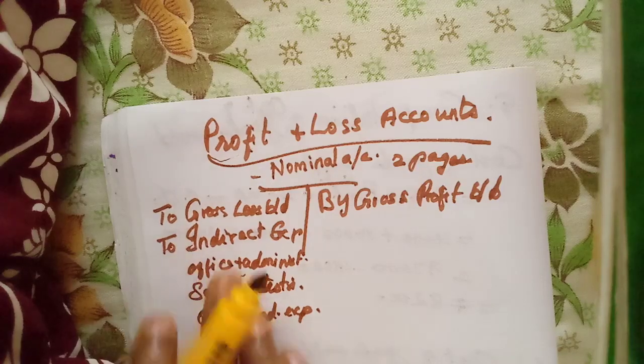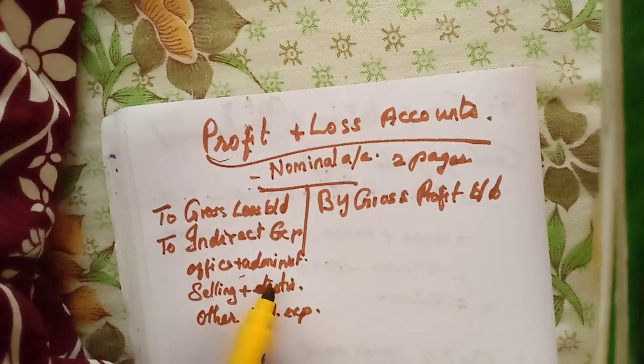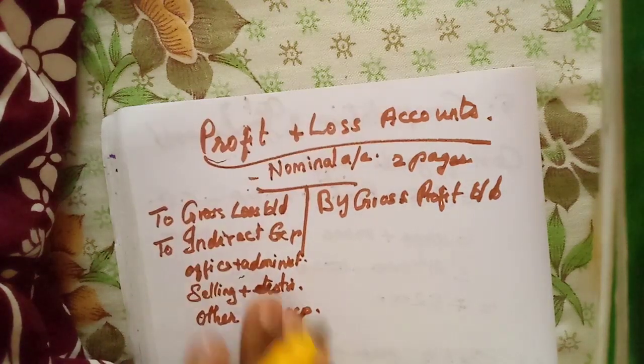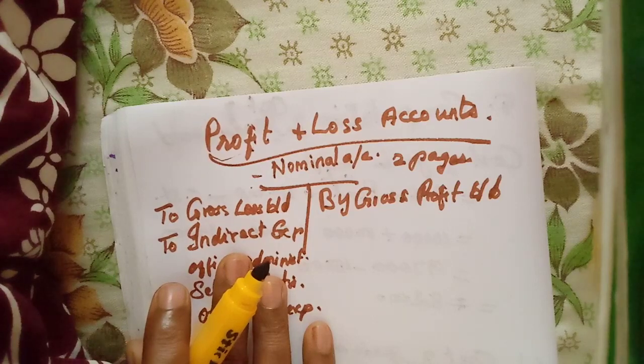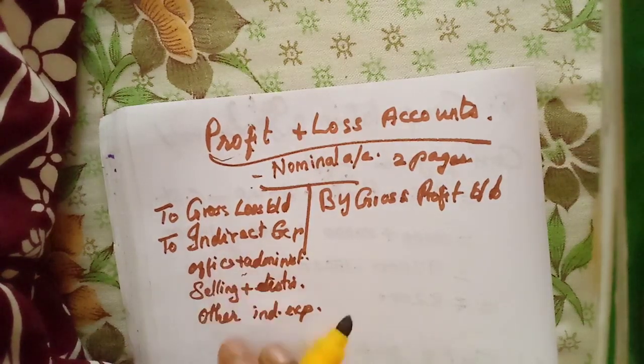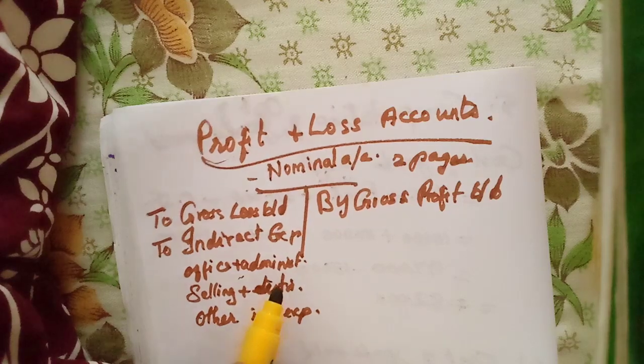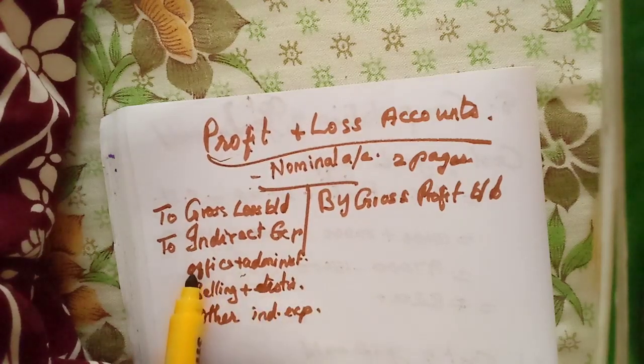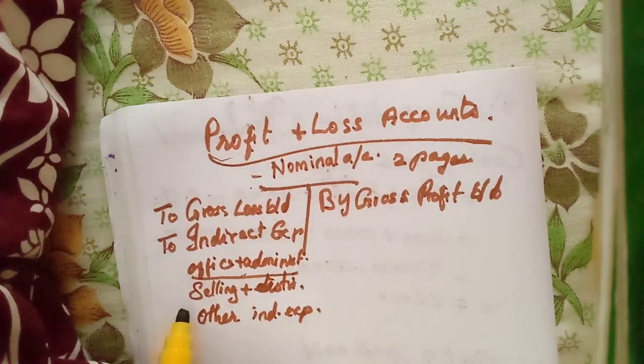Then any audit fees, any legal charges, any repairs we have done on office equipment, or depreciation on the office equipment. All these will be considered as office and administrative expenses.